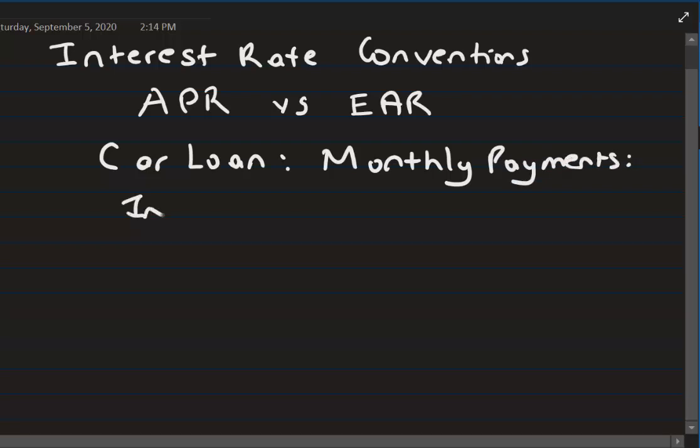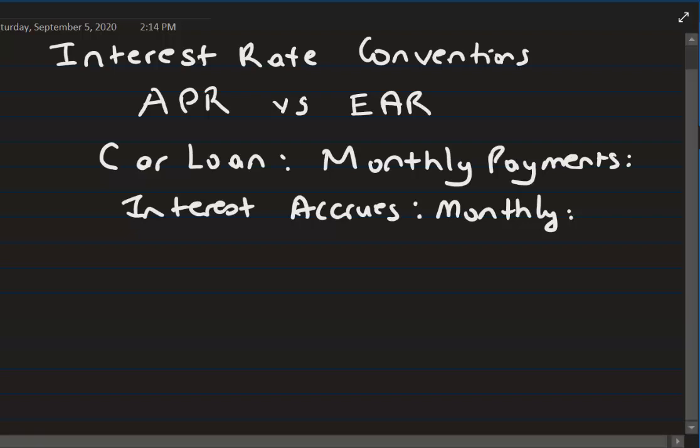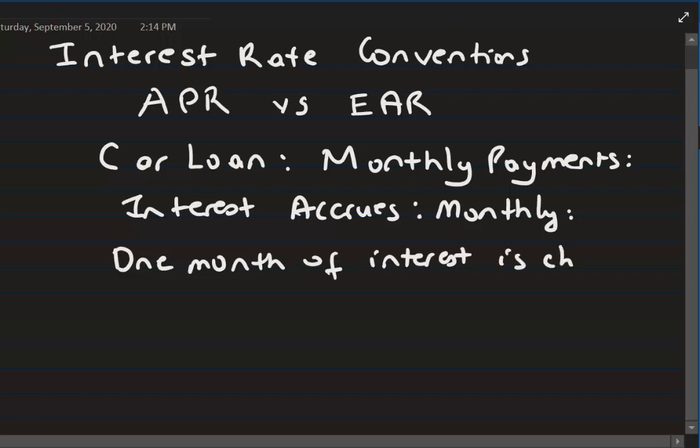Hence, interest accrues monthly. That means at the end of each month, once the balance is paid off, 1 month of interest is charged to the remaining balance.